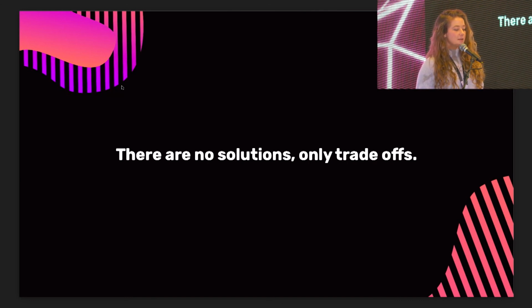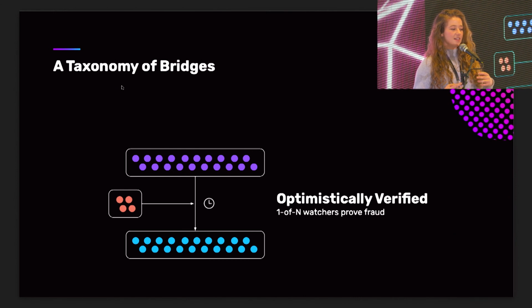An important building block in this paradigm is a different type of bridge, which I didn't mention before, which is an optimistically verified bridge. These are things like Nomad or Optics. You basically have the equivalent of a sequencer called an updater who is responsible for getting messages from chain A to chain B. But each message that the updater proposes has some latency period.